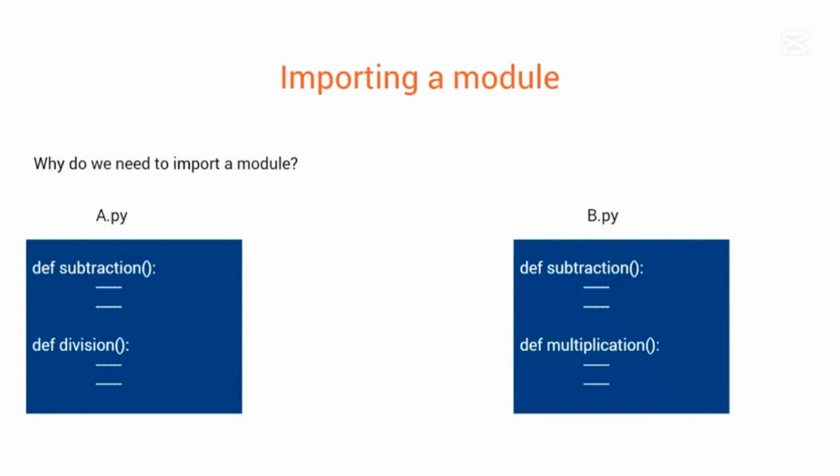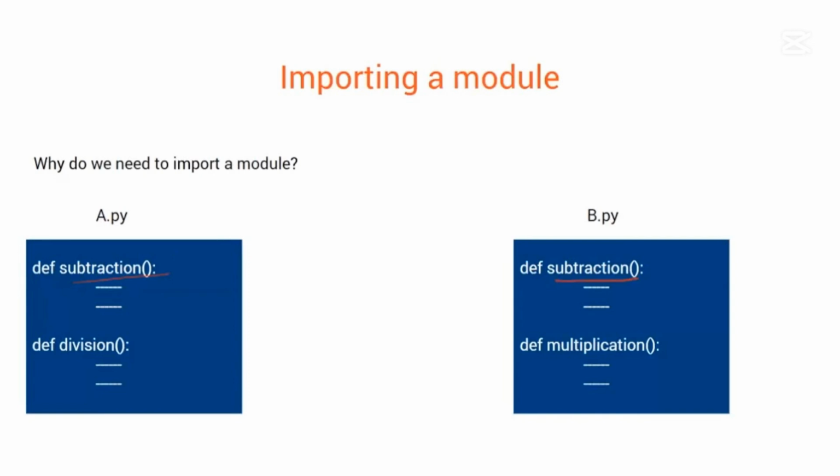So how do you solve this problem? This is solved by importing the b.py module and using its subtraction. This way, Python would know that it needs to execute the subtraction function inside the b.py file and not inside the a.py file.